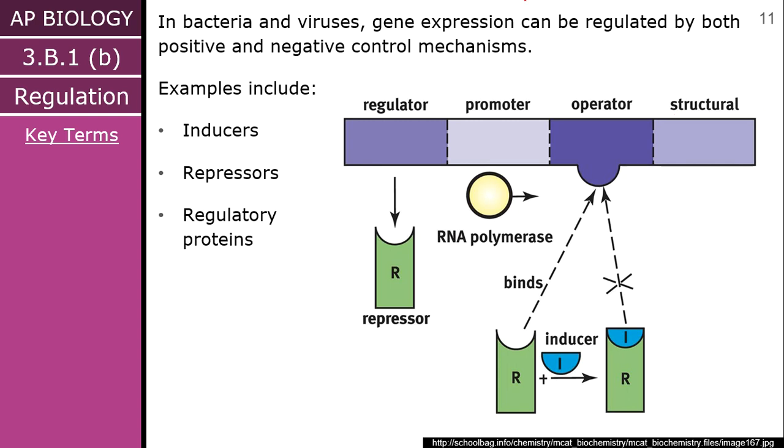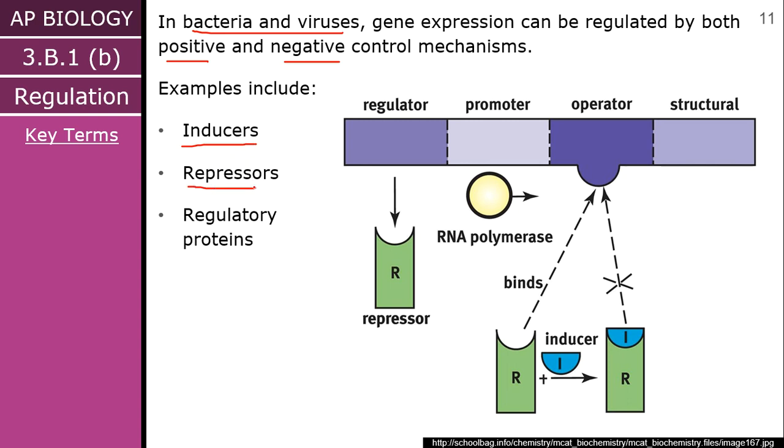Okay. So when we start looking at organisms like bacteria and viruses, we see gene expression with multiple means of control. Okay, we have a positive control mechanism and a negative control mechanism. So you can either induce a gene. So induce would be to like initiate it. So you like turning it on.